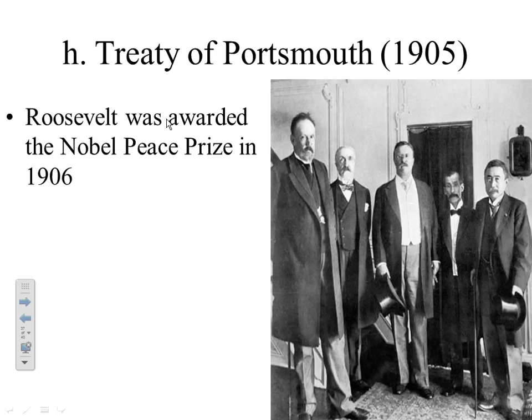And this war seemed to be a destabilizing event, and so Teddy Roosevelt takes a stand as a mediator and invites diplomats from both sides to come to the United States, to Portsmouth, in 1905 to try to figure out a way to find a peaceful end to the war. And he's successful, and that was seen as such an important endeavor that Teddy Roosevelt was given the Nobel Peace Prize in 1906.